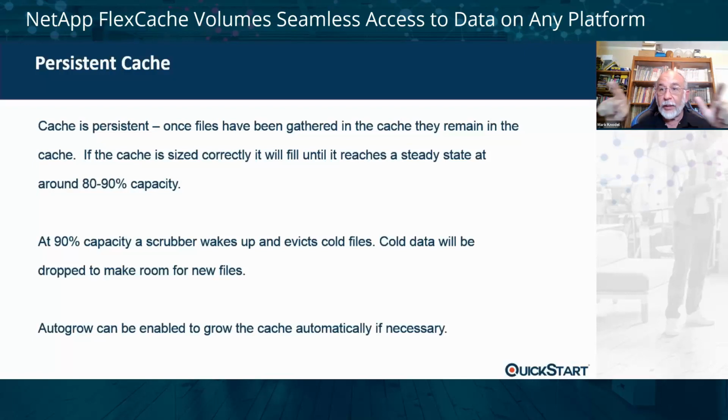That should be basically matching roughly the working set of the data that those users at that location happen to be using. Once it passes that 90% threshold, then there's a scrubber that wakes up in the background, and it's going to identify which files have the least access or the oldest access. And that space is released to make room for new files.